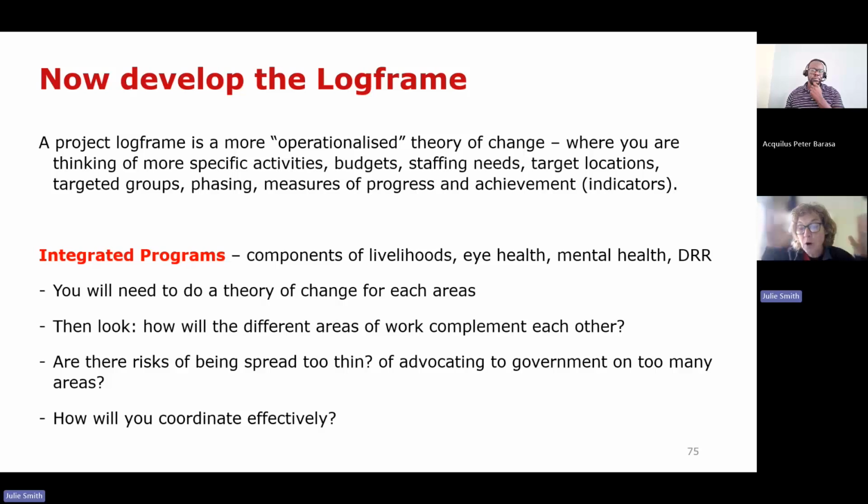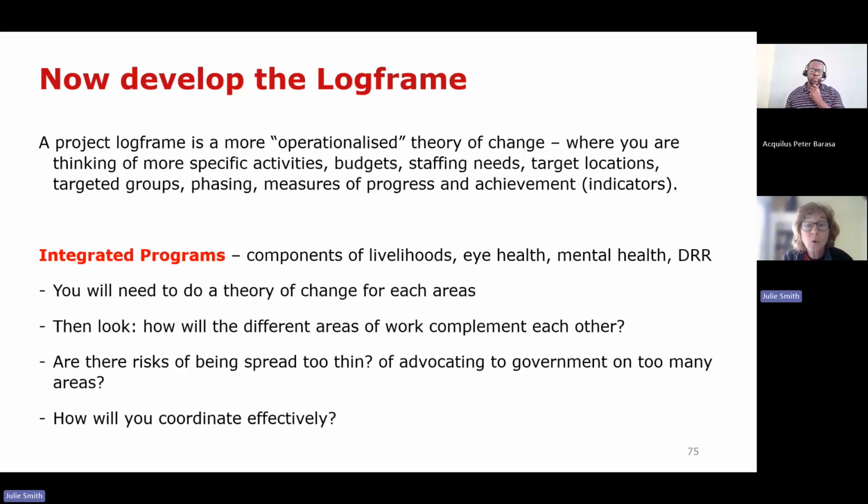to have a more programmatic look at how the different initiatives are going to work together, and particularly be asking questions like, how are the different areas of work complementing each other? Are there risks of being, for example, spread too thin? Or are you trying to talk to the same government people about too many issues and really confusing them?